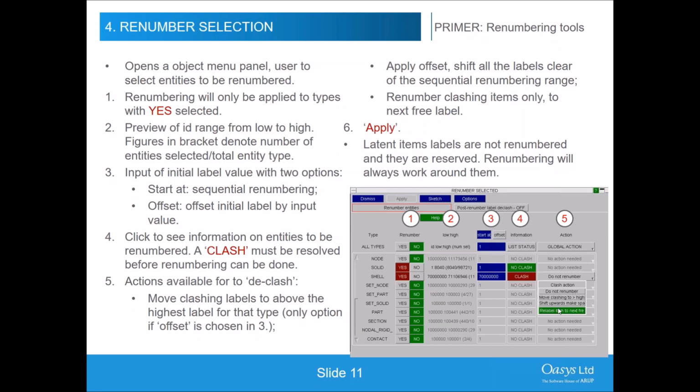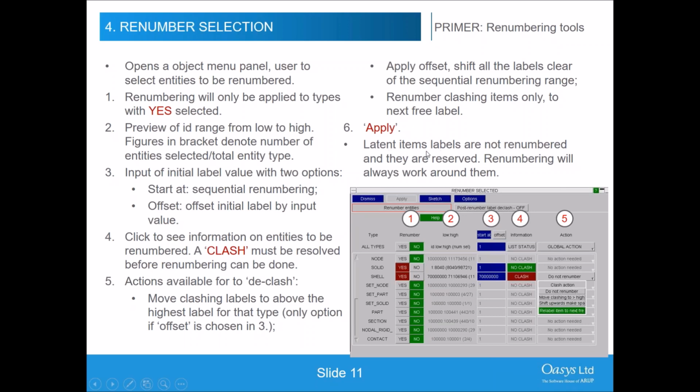If you select moving clash, then you'll be able to insert the labels next to the labels within the range, or the moving clash just simply ignores what's already there and takes the highest number and then proceeds sequentially from there.